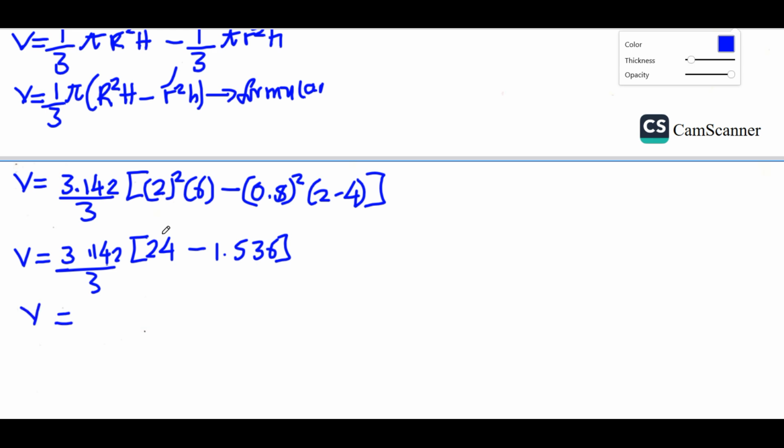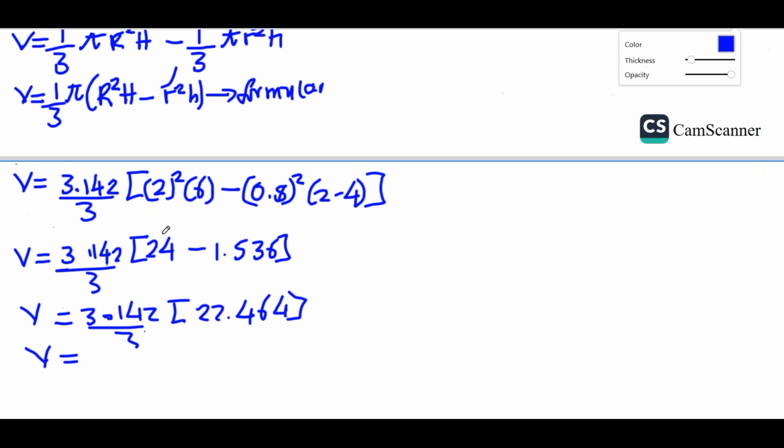So 24 minus 1.536, I'm getting 22.464, multiplied by 3.142, getting 70.58, divided by 3.